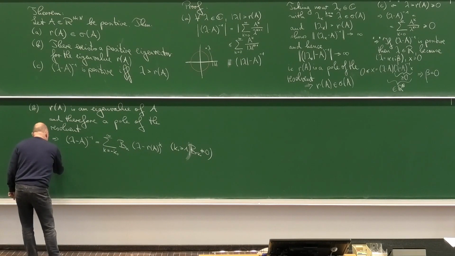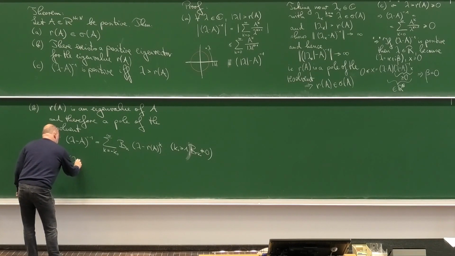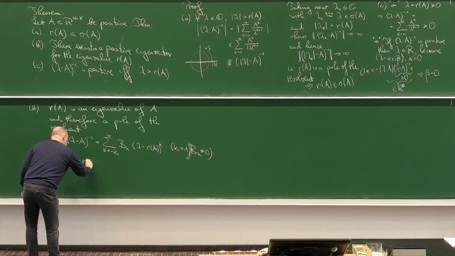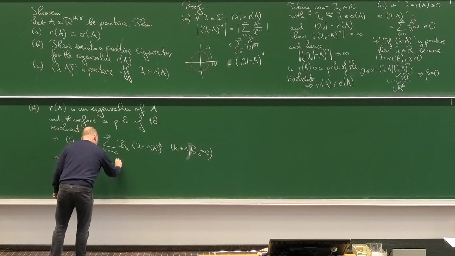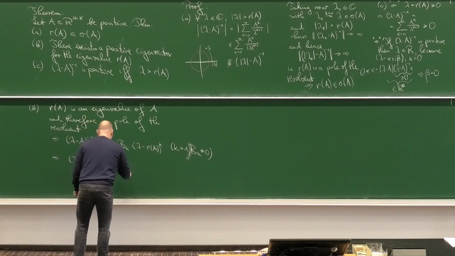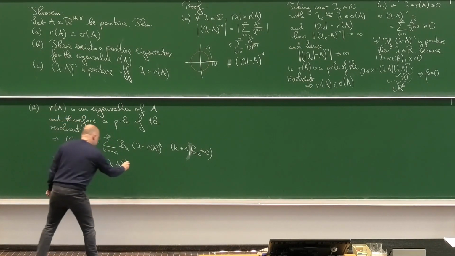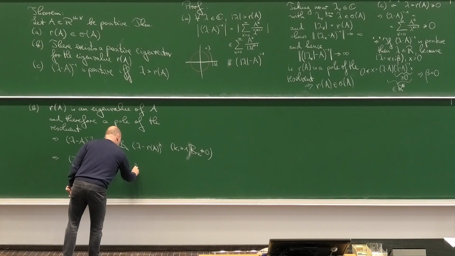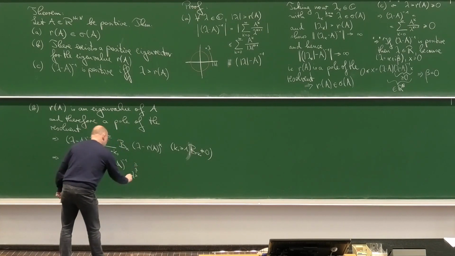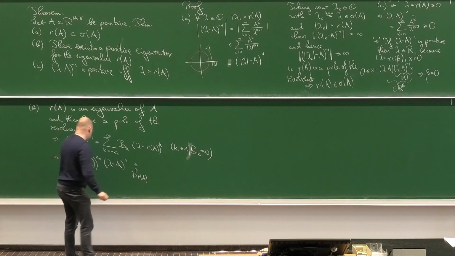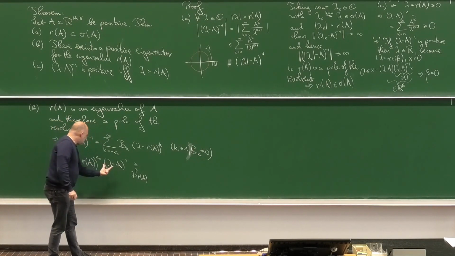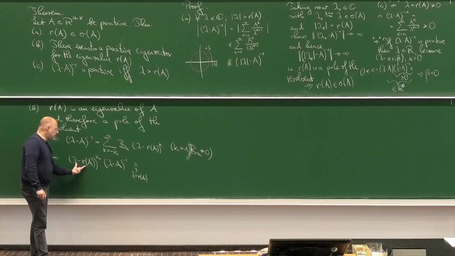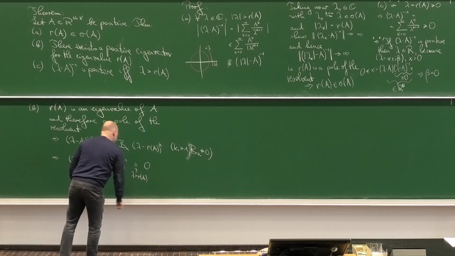Yeah, and therefore when I multiply both sides by this power, for lambda greater than the spectral radius, so I approach the spectral radius, this eigenvalue from the right, then I know that this resolvent is positive, but also here this power is positive, so that's greater than 0.